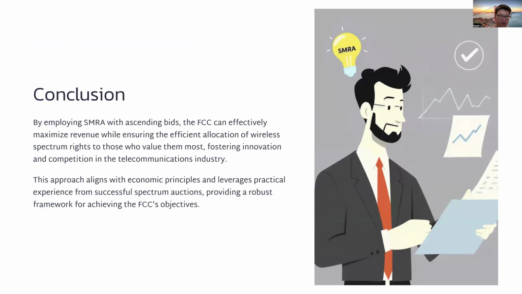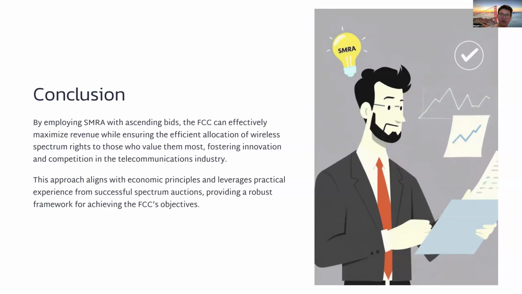So overall, in conclusion, by employing SMRA with ascending bids, the FCC can effectively maximize revenue while ensuring the efficient allocation of wireless spectrum rights to those who value them most.